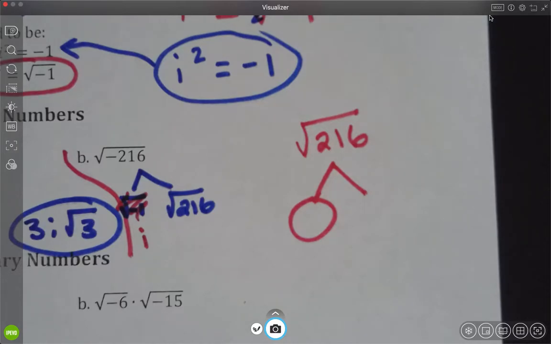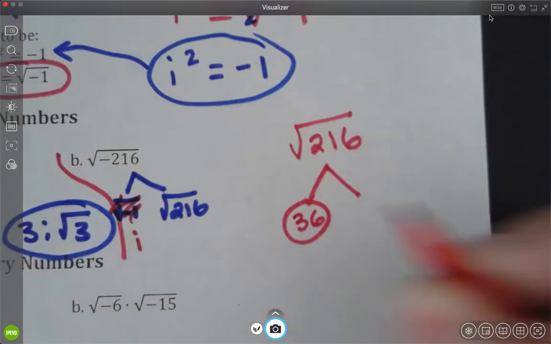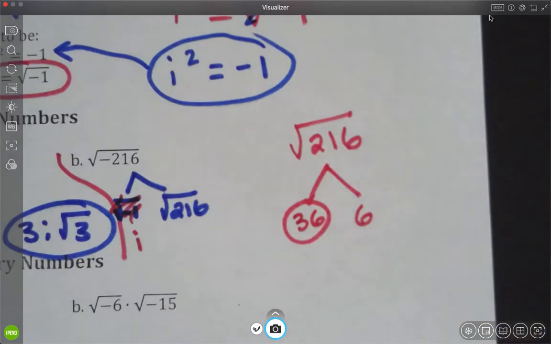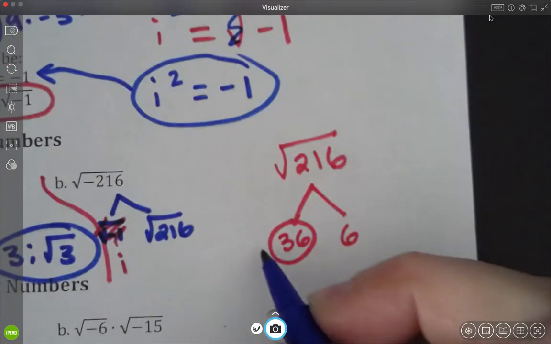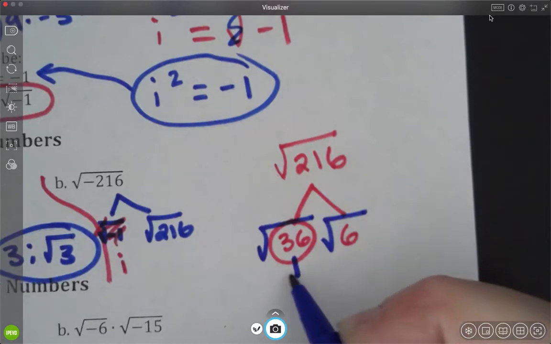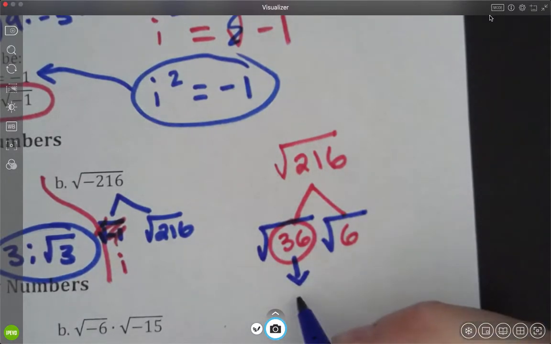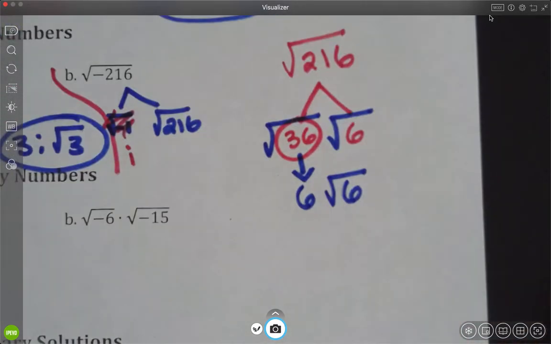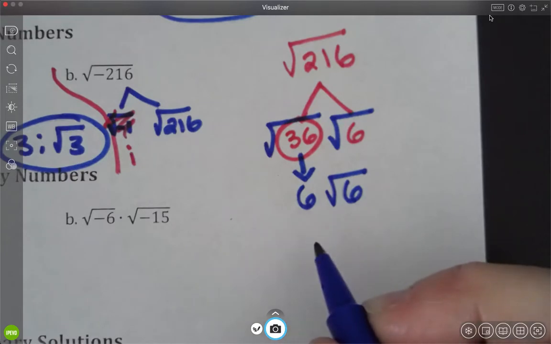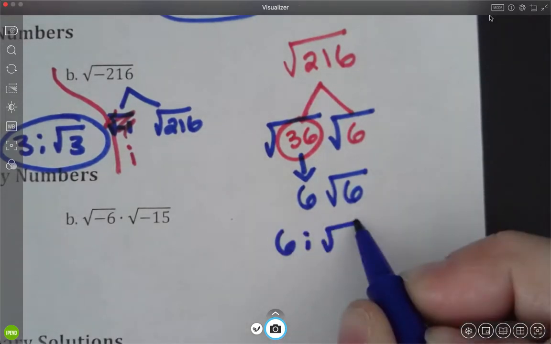Ooh, I got a big number. 36 goes into 216. 36 and 6. Can you take the perfect square root of 36? You betcha. Can you take the square root of 6? No. So if I take the square root of 36, it pops out as 6, and this will be the square root of 6. If I combine that all together, the square root of negative 216 is 6i times the square root of 6, and that's what it will look like.